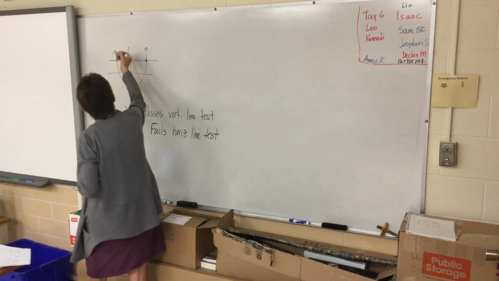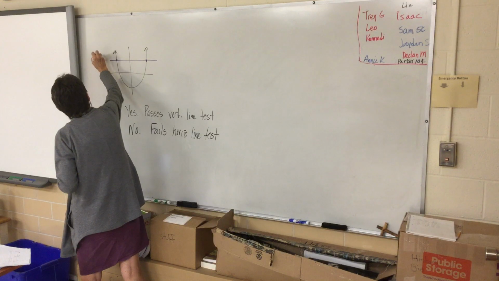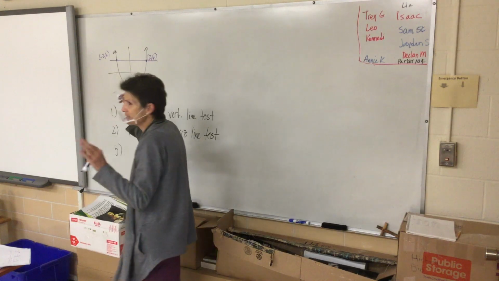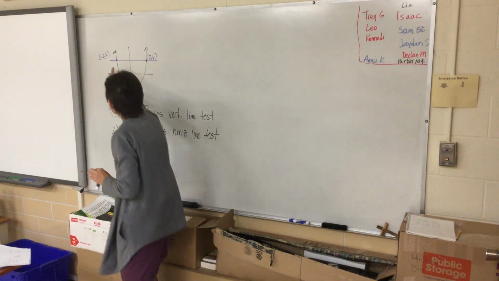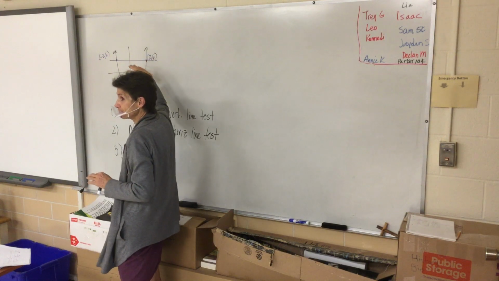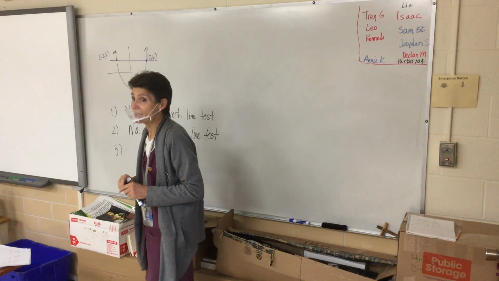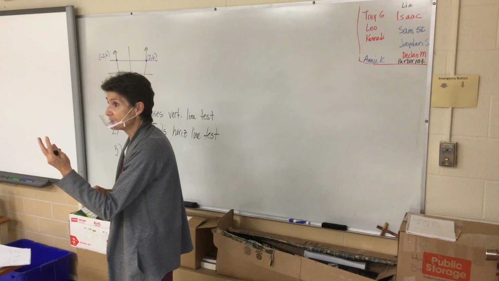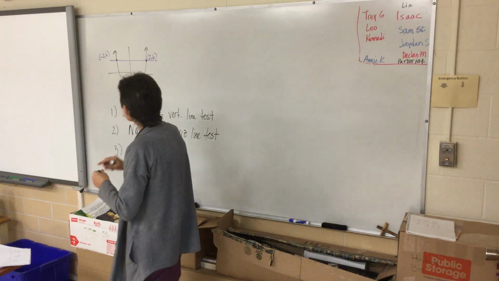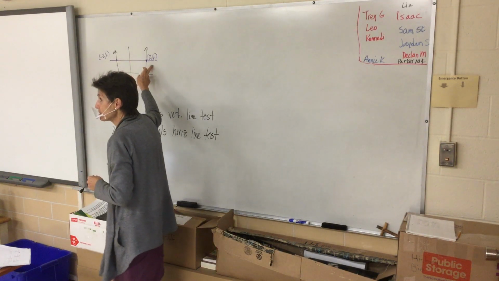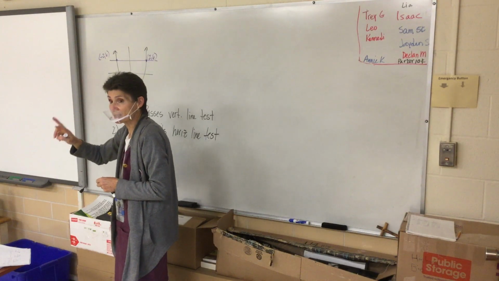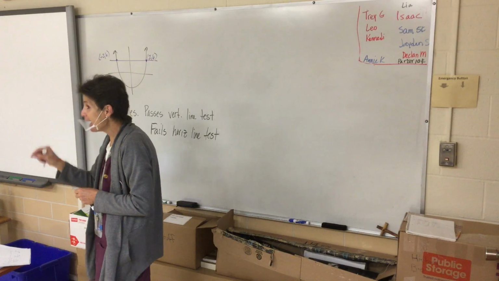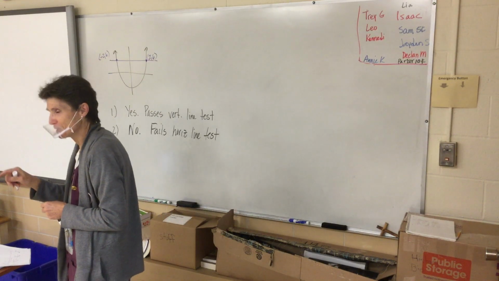I don't know what those points are, but let's say this one is negative 2,6, and this one is positive 2,6. I'm making those up. But they would have the same y, since they're the same distance up. Remember when you do an inverse, you switch the x and the y? If we took these 2 ordered pairs and switched the x's and y's, then the x's would repeat. And if the x's repeat, you are not a function.